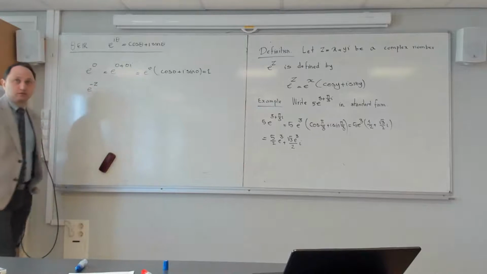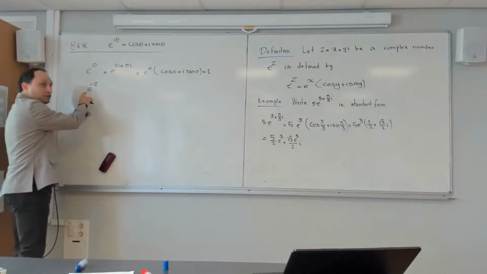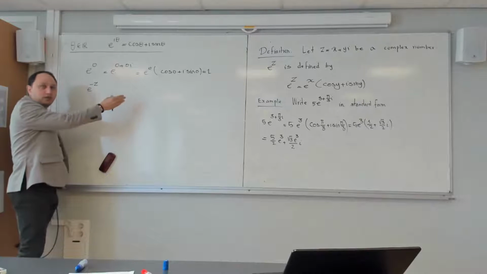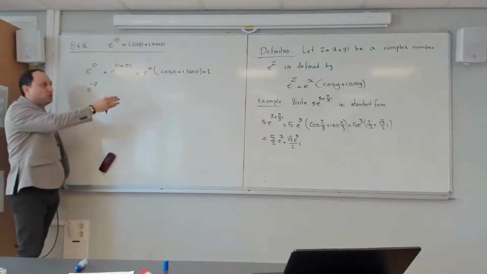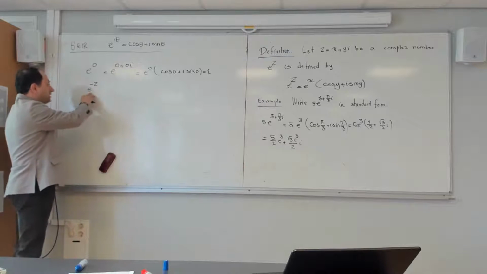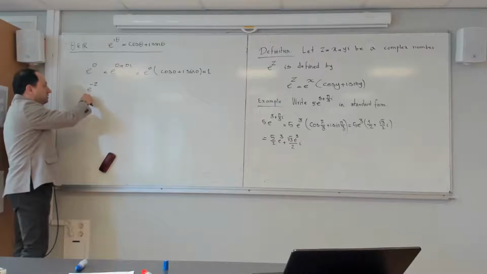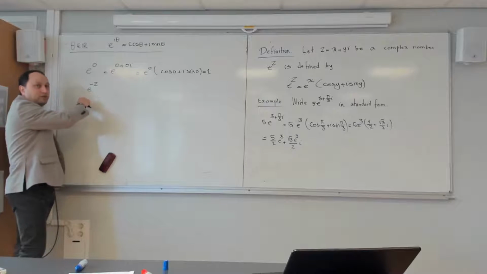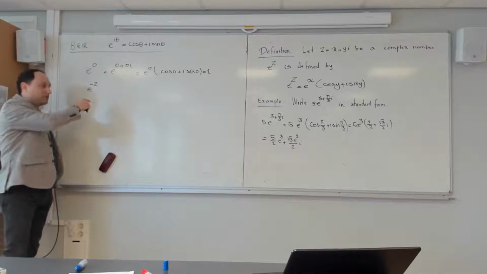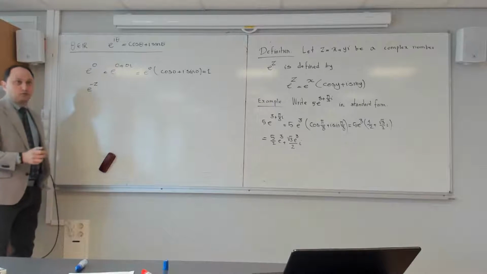minus z? Because I want you to understand we cannot take these properties for granted, yes, because we are defining something completely new, even though it's similar to what we had before, okay? Of course, our goal is to keep the similarities as before as much as we can. So if this is going to work as the previous exponential function, what should I be able to write for negative power?